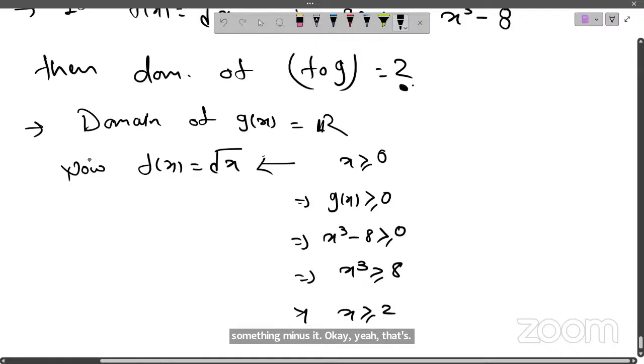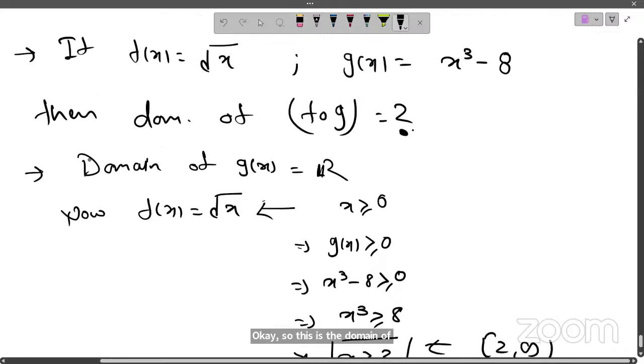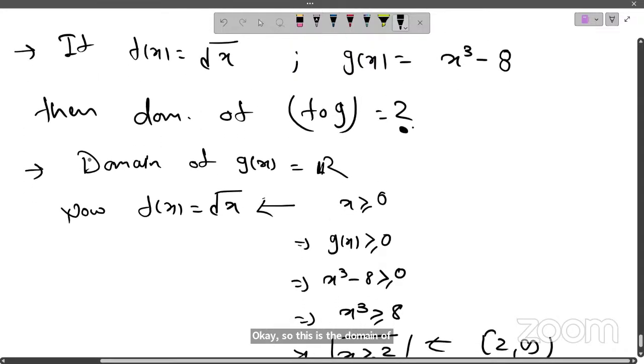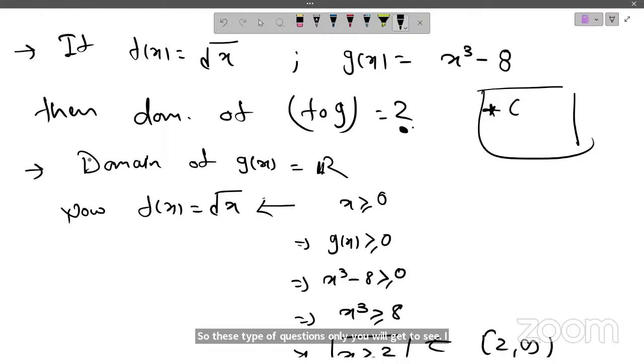So this is the domain of f composite g, simply 2 to infinity. These types of questions only you will get to see. The first hot topic for the exam is the domain of g composite f, or domain of composition function.